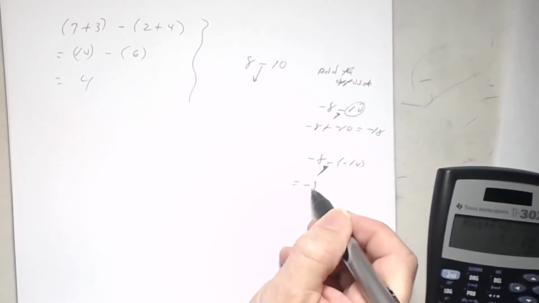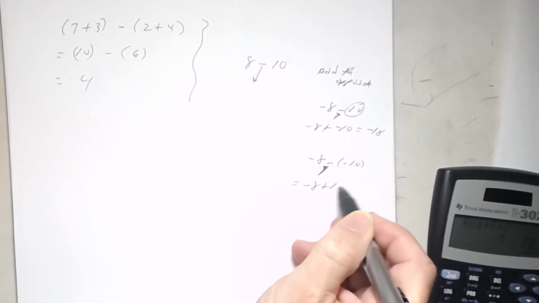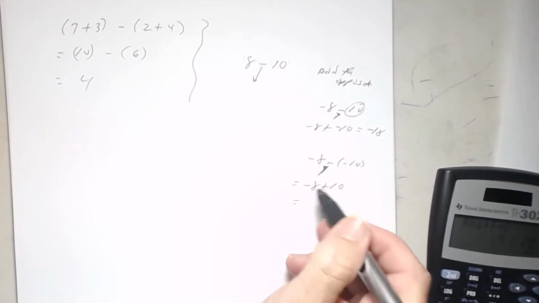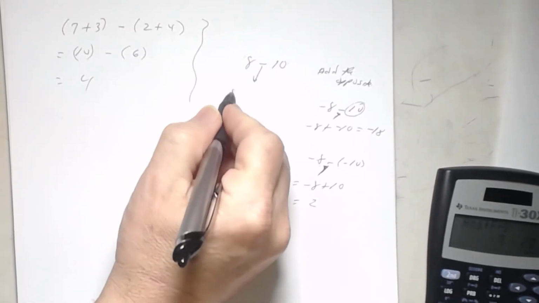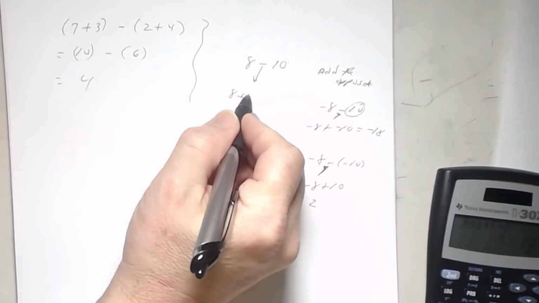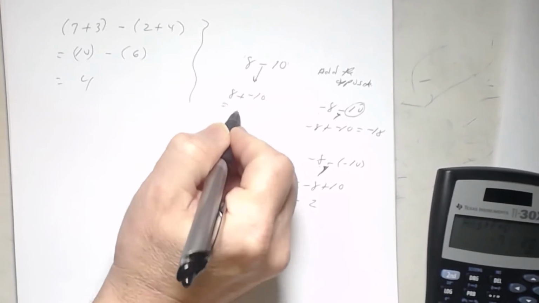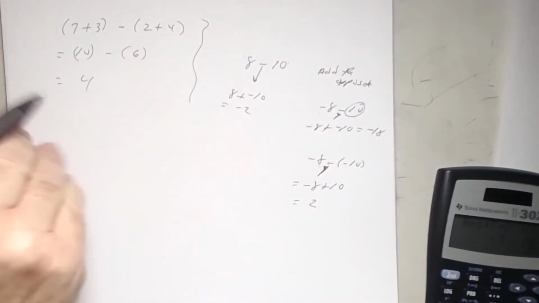So it'll be negative 8 plus the opposite of a negative 10. What's the opposite of a negative 10? Positive 10. And what's negative 8 plus 10? 2. Here you would say a positive 8 plus the opposite of a positive 10, which is a what? And so what's 8 plus a negative 10? Negative 2. Okay? All right.